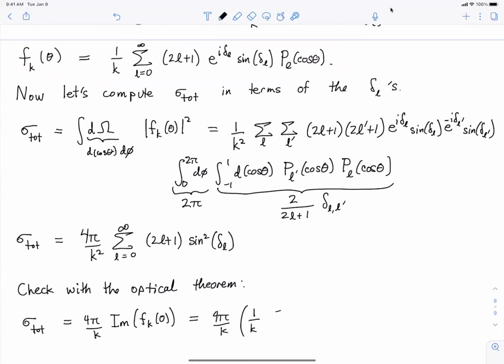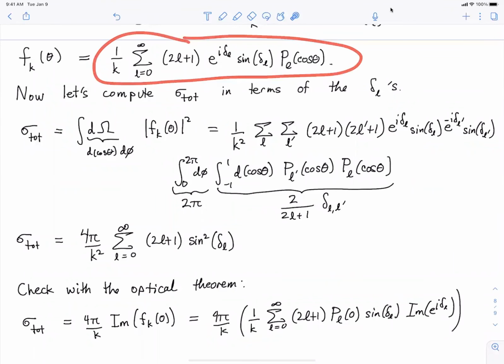Okay, and so this is sum L equals 0 to infinity, 2L plus 1, P_L of 0, because we're plugging in theta equals 0 in this imaginary part, and then sine delta L, and then the imaginary part of e to the i delta L. Now we're done plugging in.